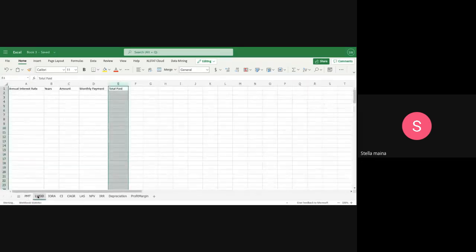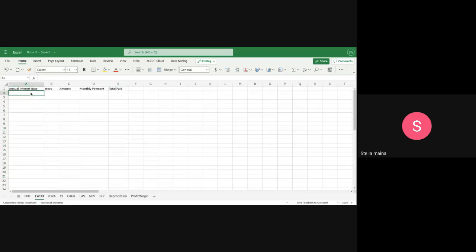So I'm just going to open a new sheet. I had already written the headers: annual interest rates, years, amount, and monthly payments, as well as the total paid. We are going to look at a scenario where we calculate the monthly payment on a loan with an annual interest rate of 6%.